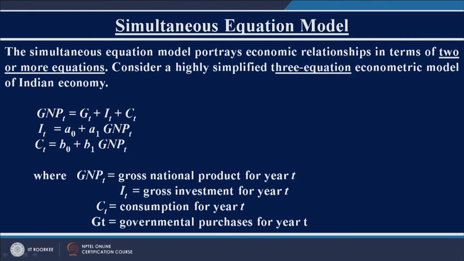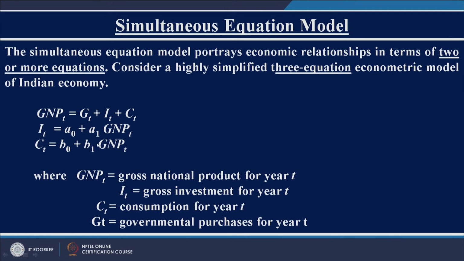Then you have got simultaneous equation model. So, instead of one equation you have got two equations, three equations and so on, right. You can have different series of equations. So, let us say consider a highly simplified three equation econometric model. Let us say GNP, gross national product, is being determined by gross investment, consumption, and government purchases.